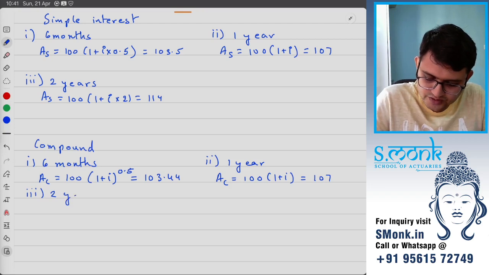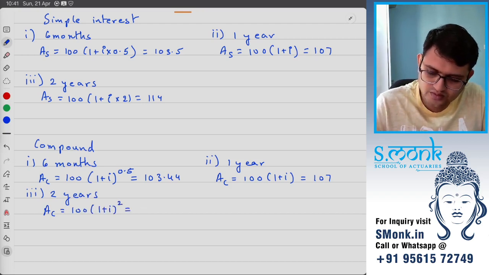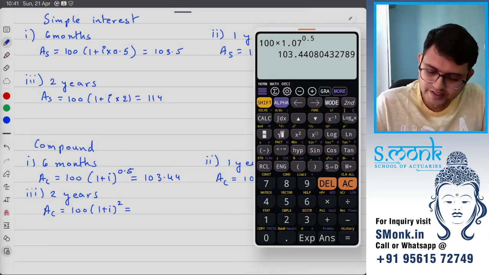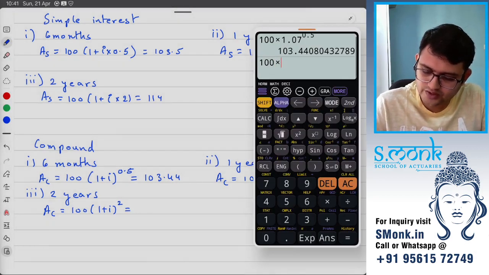Then 2 years, again I am going to use the calculator.